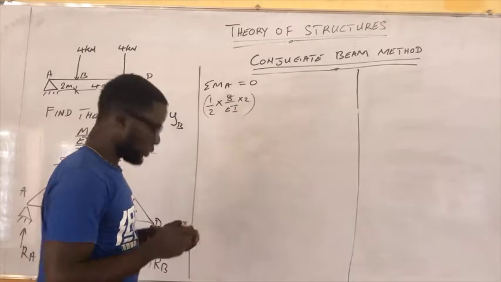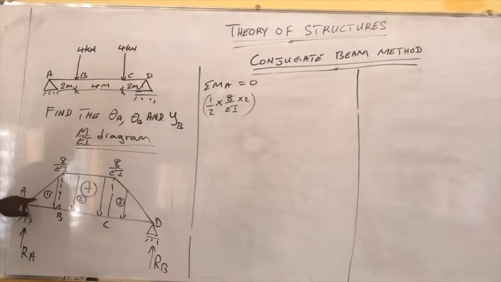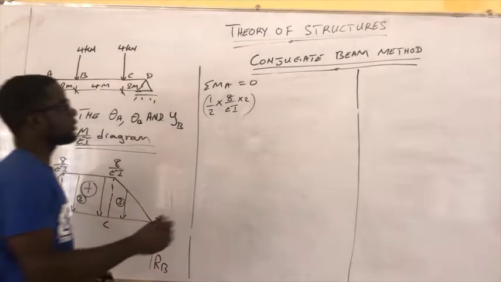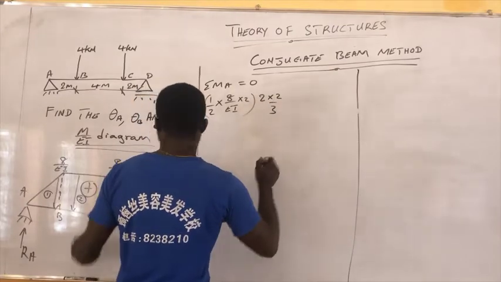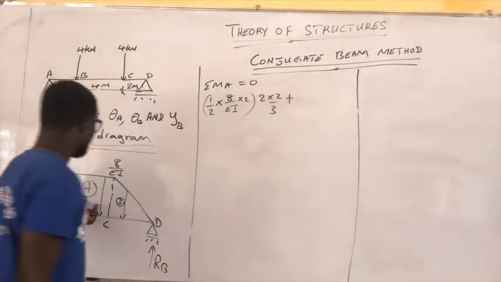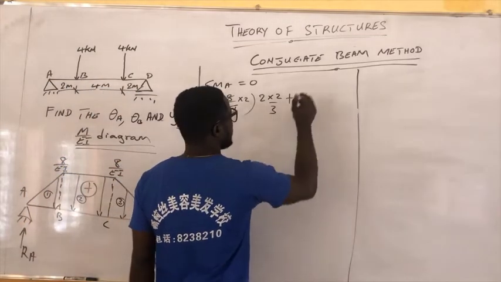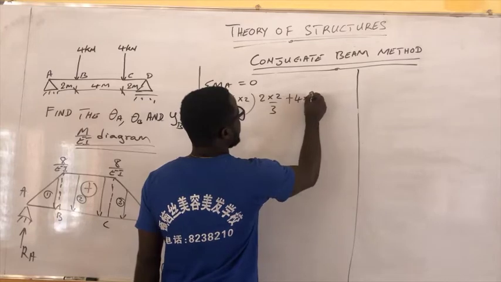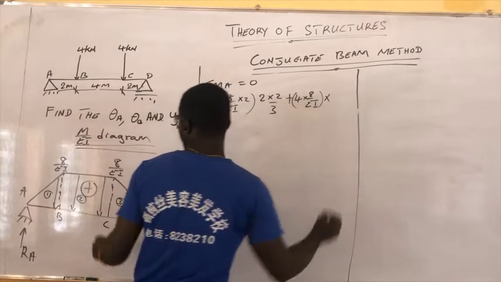then multiply by the centroid. This is point A, so the centroid of this will be 2 thirds plus the second shape, which is a rectangle, multiplied by the centroid.